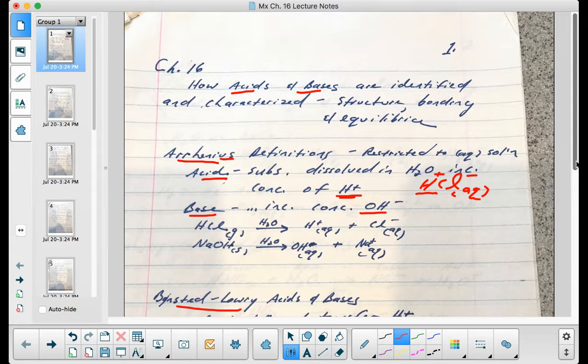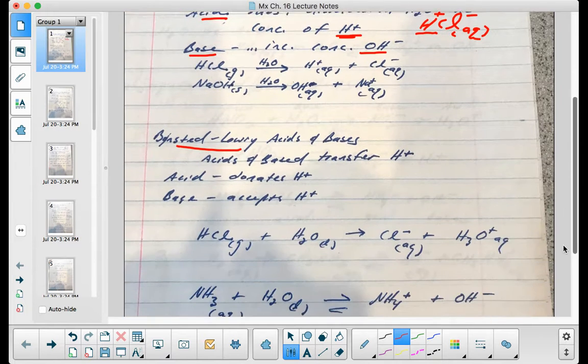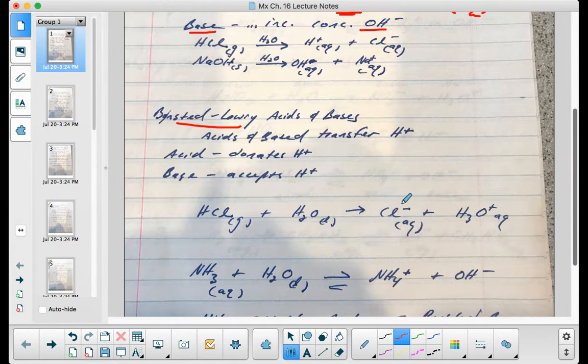And then there's a second definition of acids and bases called the Bronsted-Lowry definition. This is a little bit different in that an acid is a substance that donates a hydrogen ion. The Bronsted-Lowry acid is really the same definition as the Arrhenius, but the difference is in the base definition.